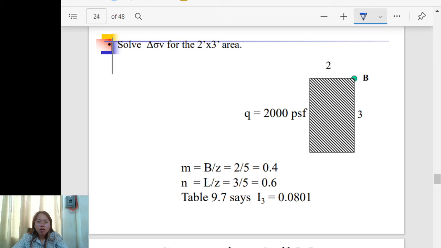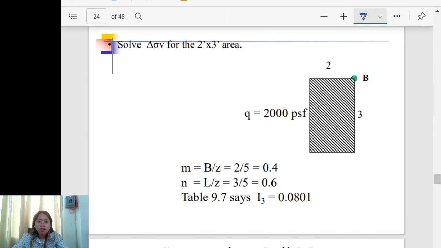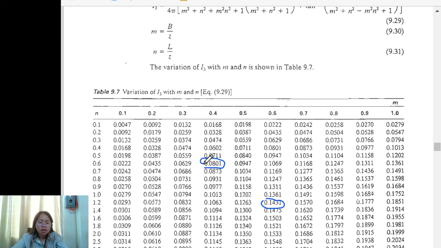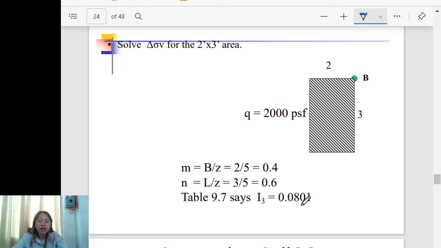Then from table 9.7, with 0.4 and 0.6, the I3 of the small area is 0.0801.